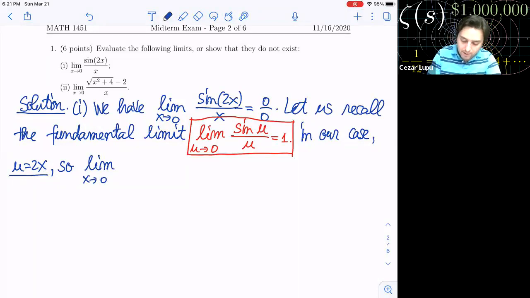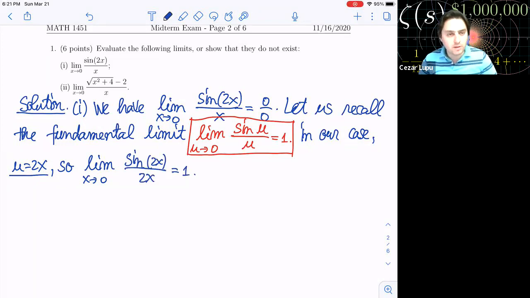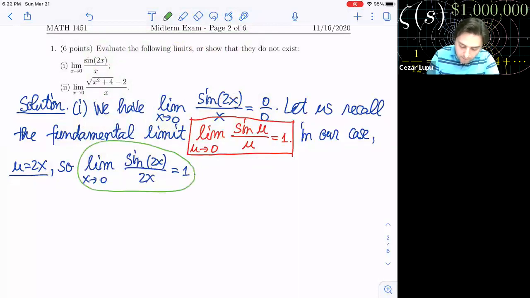So we'll have that the limit as x approaches 0 of sine of 2x over 2x is 1. Now the only thing we need to do is to write our limit in terms of this limit right here.